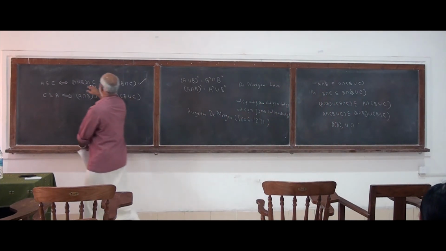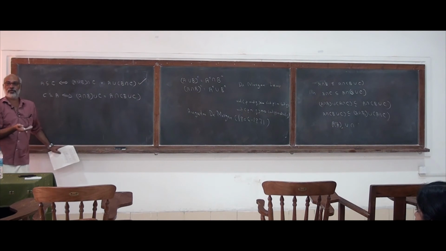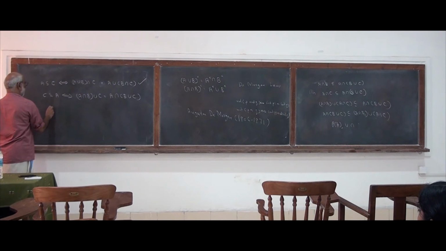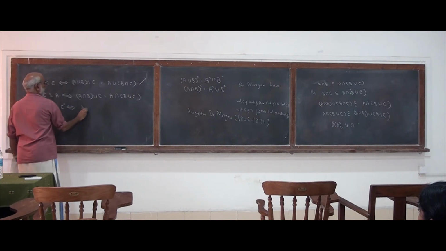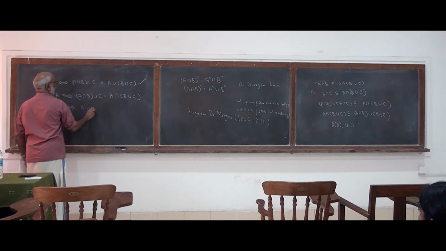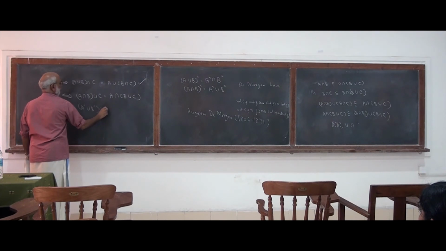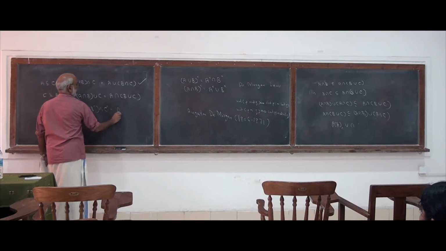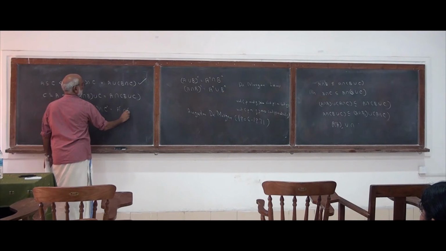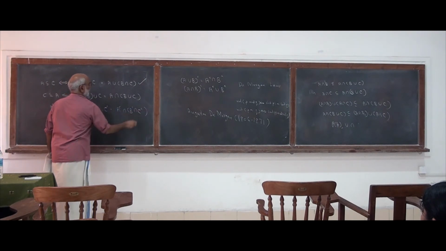If this is true for every set, this result is also true for A complement, B complement and C complement. Then what will you get? You will get A complement contained in C complement if and only if A complement union B complement intersection C complement is equal to A complement intersection B complement union C complement. Am I right?